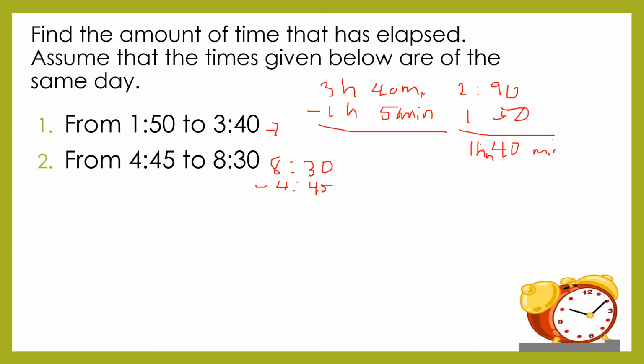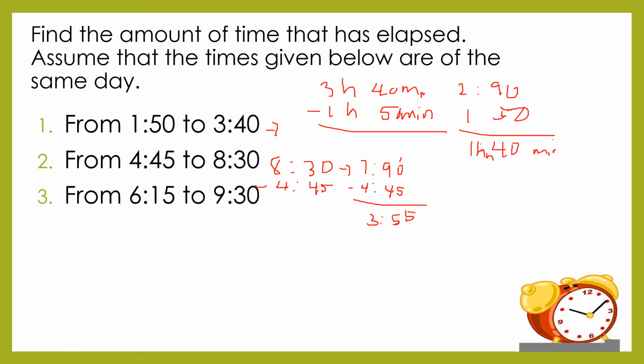That would be 790 minus 4:45. Okay, we have 5, 5, 3. So that's 3 hours and 55 minutes.